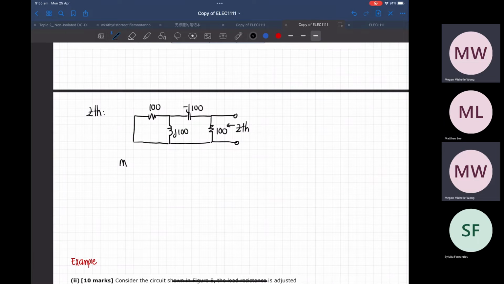So maximum power for impedance load is ZL equals Z Thevenin conjugate.